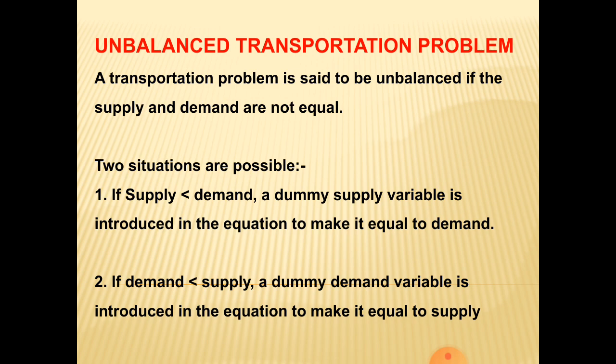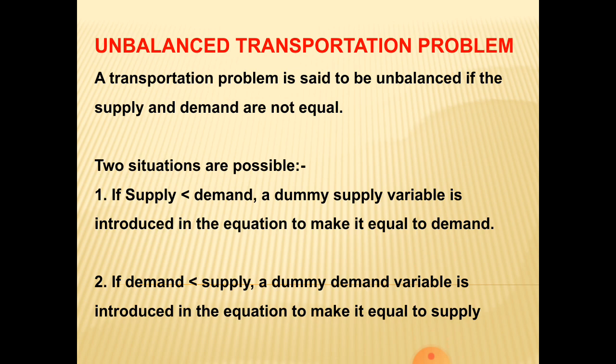A transportation problem is said to be unbalanced if the supply and demand are not equal. Two situations are possible. First, if supply is greater than demand, a dummy demand variable is introduced in the equation to make it equal to the supply.